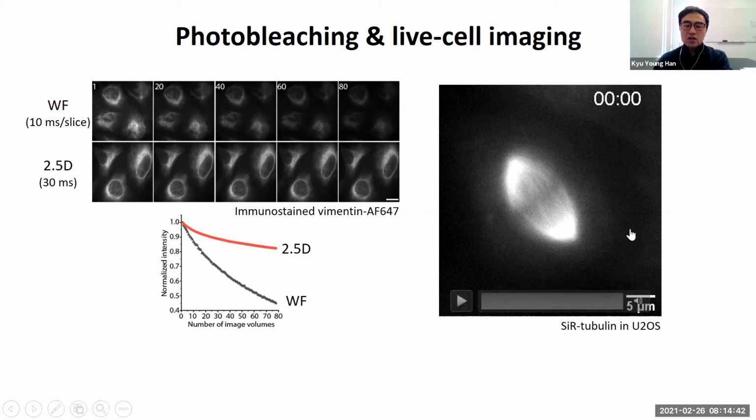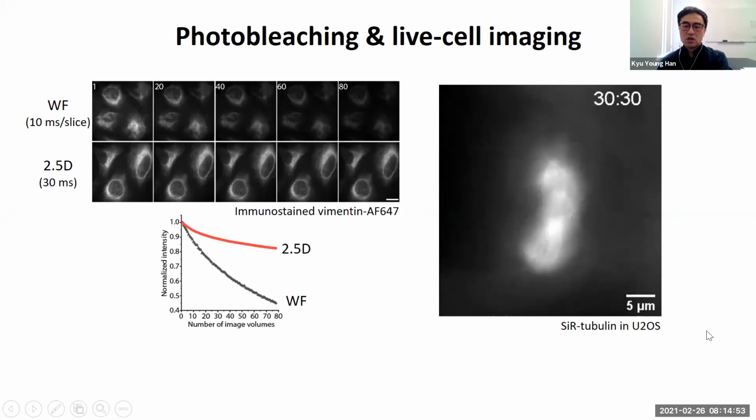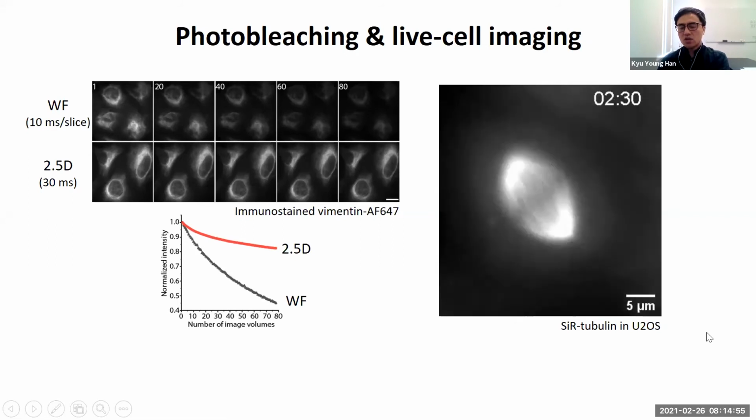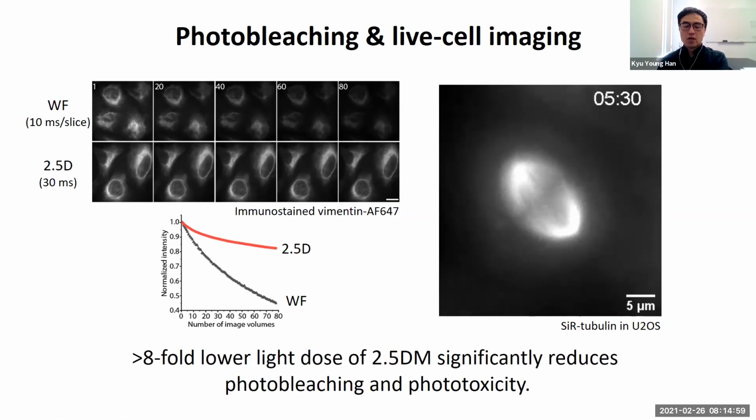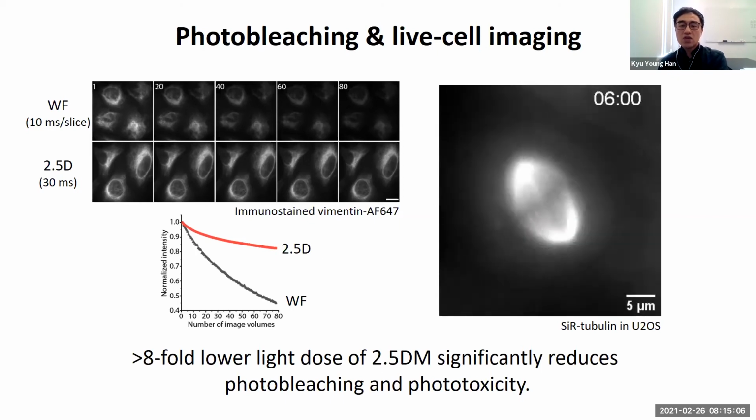On the right side, we also imaged live cells labeled with SiR-tubulin, and we were able to clearly see the cell's mitosis for a very extended time. So we expect that the much lower light dose of our technique can significantly reduce photodamage and photobleaching.